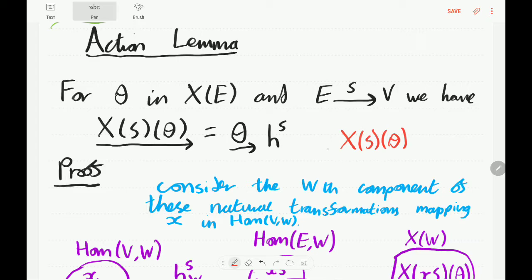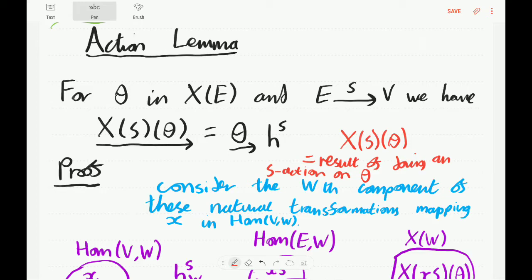We might refer to this as the result of doing an S action on theta.